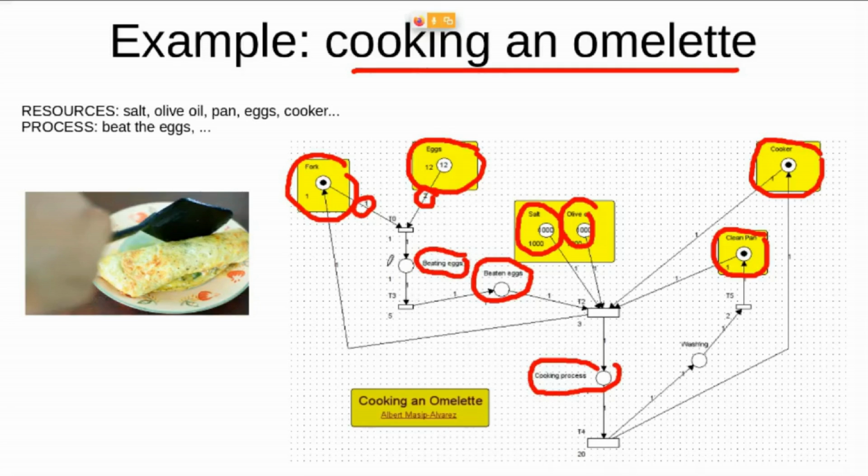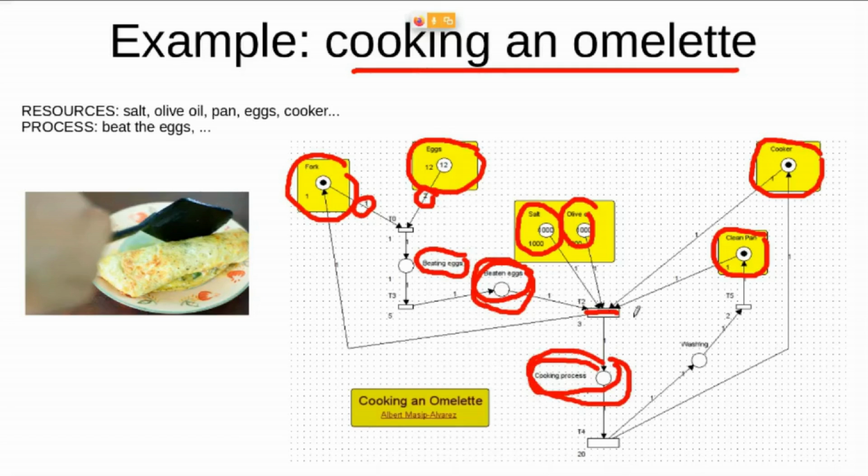At any moment, depending on the speed and on the intensity with which I am beating the eggs, the eggs will be beaten. Okay? So then if I have salt, olive oil, a cooker, and a clean pan, I will start the cooking process at any moment, depending on probability.